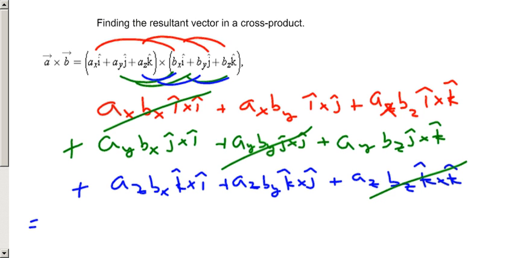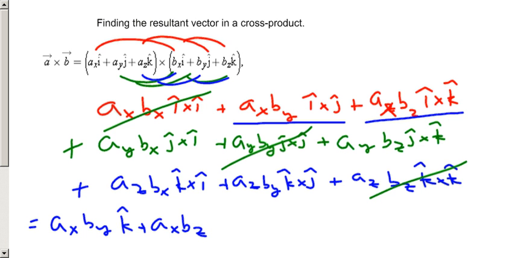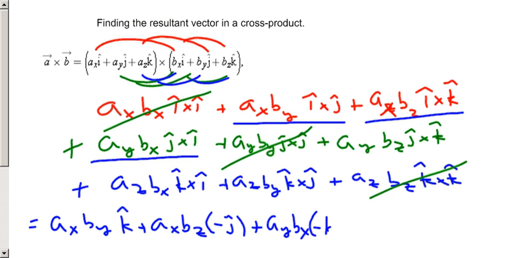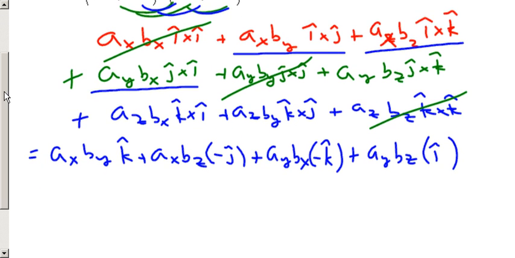So that turns out to be AX BY, I cross J is K, plus AX BZ, and I cross K is negative J. Plus this term, AY BX, J cross I is negative K, plus AY BZ times I, and let's keep going just a little bit more.